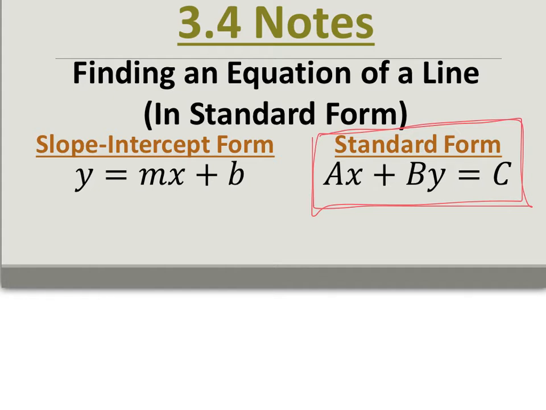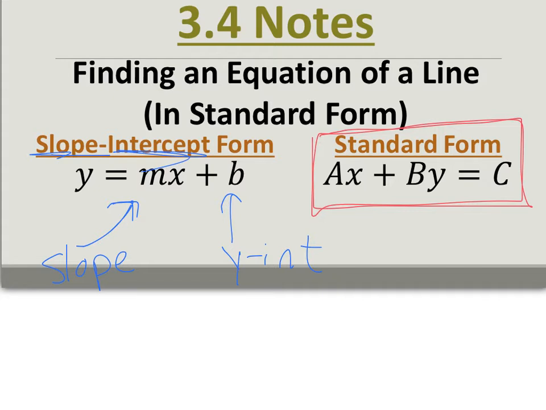In order to get something in standard form, the thing that's tricky is you first have to start in slope-intercept form, with m being your slope and b being your y-intercept, hence why it's called slope-intercept form. Once we get it in slope-intercept form, then we're going to move things around to get it in standard form, which is ax plus by equals c.